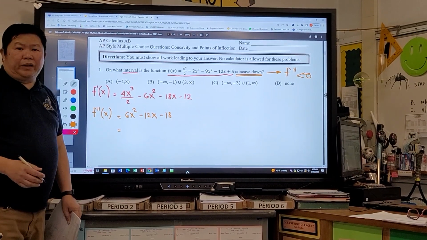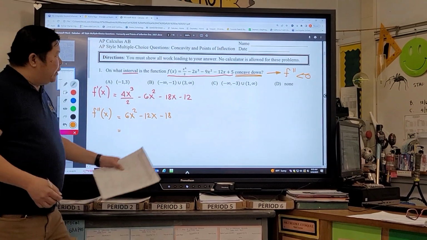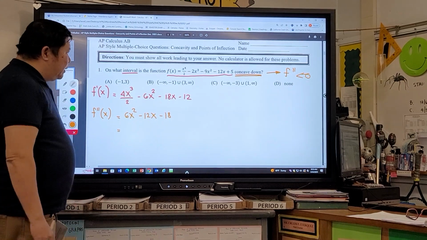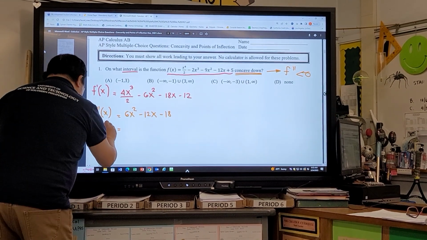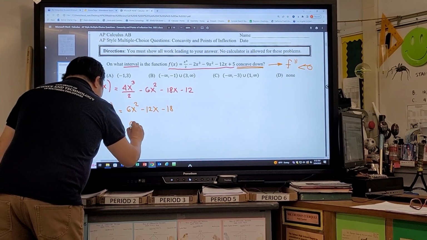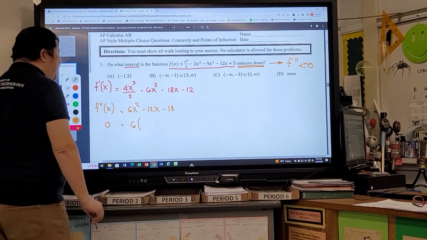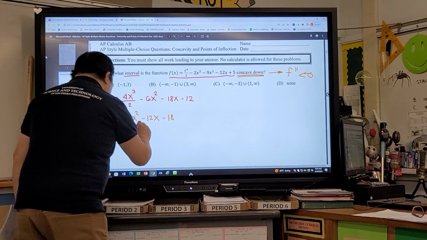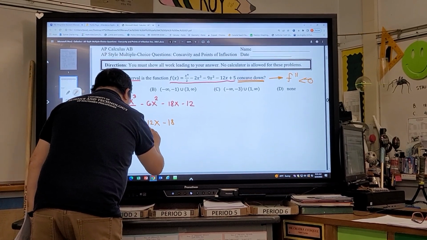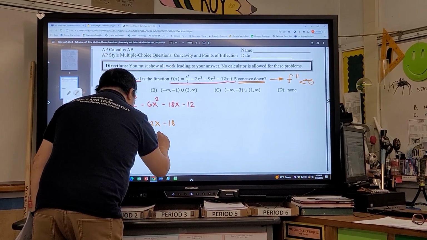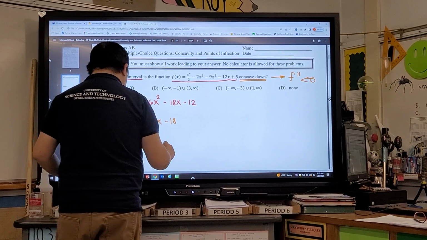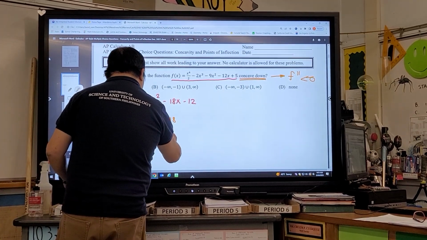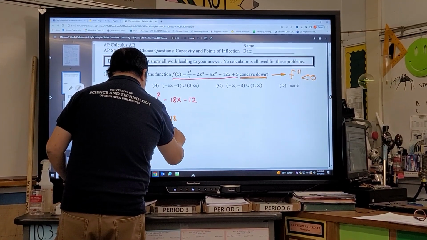So we're gonna equate to 0, right? Because it says right here, f double prime should be less than 0. So we have 0, factor out 6, and then we have x squared minus 2x minus 3.